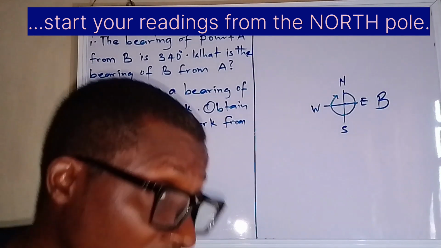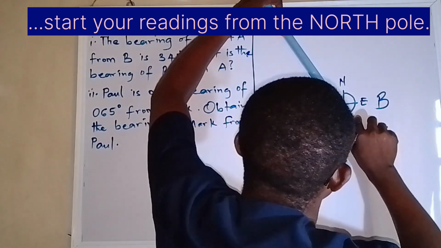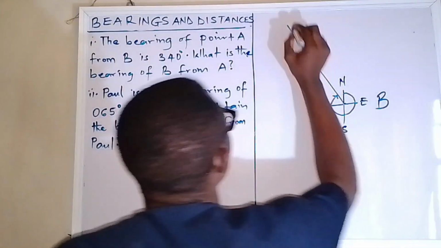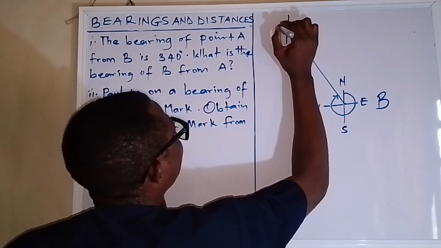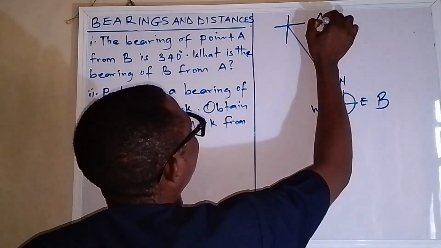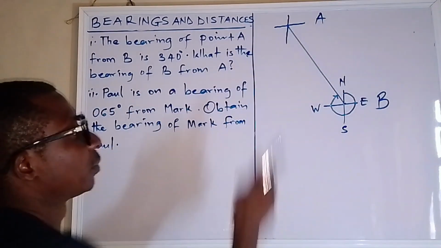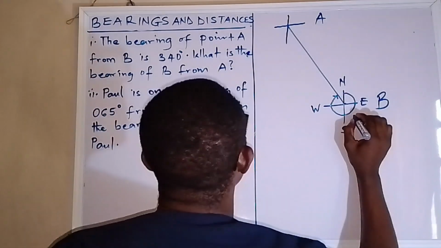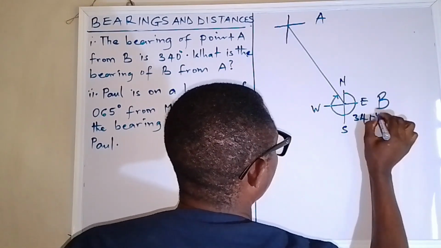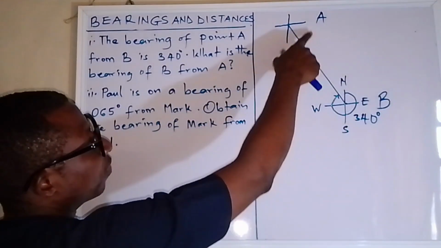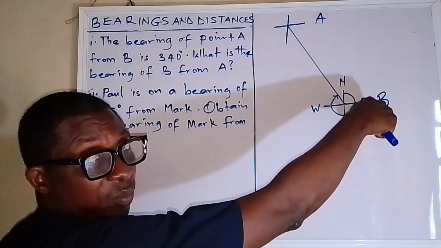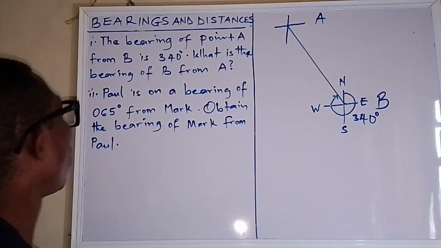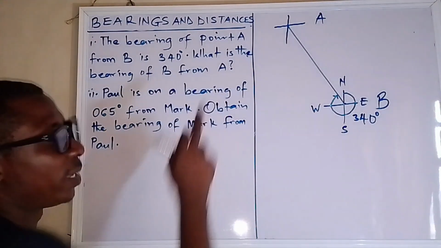So now point A will be here. All right. So this will be point A. So this is 340 degrees. So the bearing of A from B is 340 degrees.